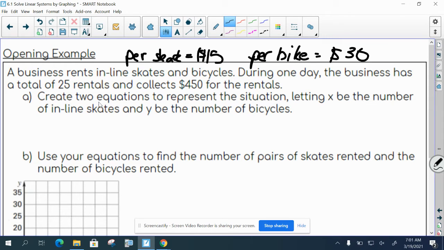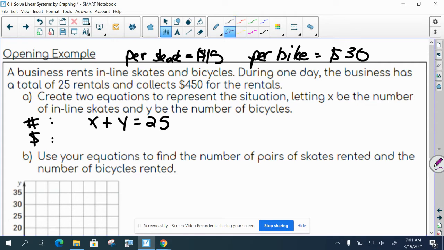We've done problems like this before, but it was a long time ago, back in unit 3 and 4. The first equation is for the number of rentals, and the second is for the total cost. The total number is 25, represented by x and y, so x plus y equals 25.